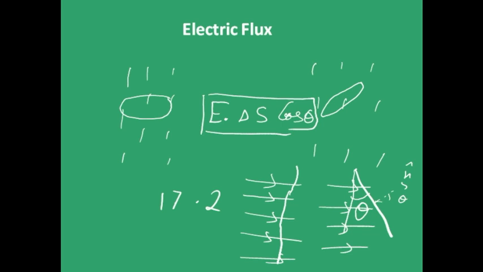So if theta is something like 90 degrees, it means that if this is your electric field, your surface is something like this. So no electric field line passes through the surface. So flux is 0. And you know how to calculate this flux for a normal surface, right?